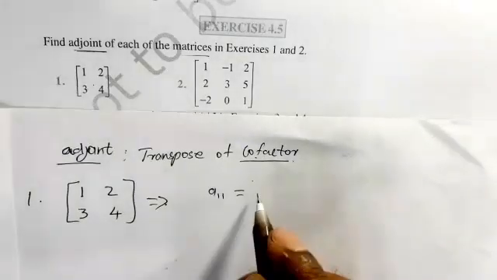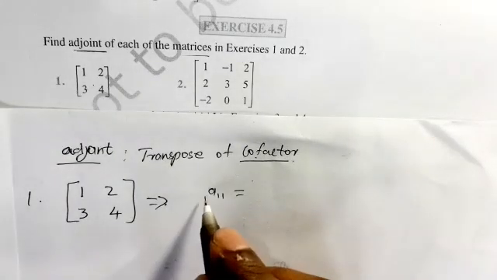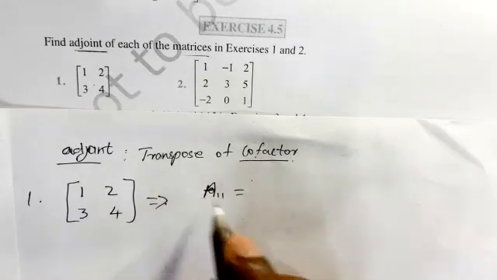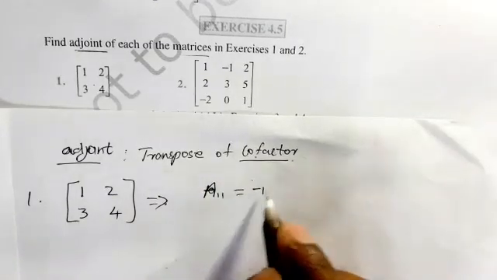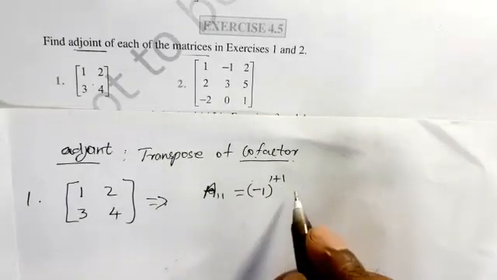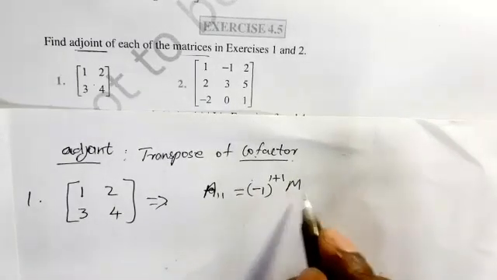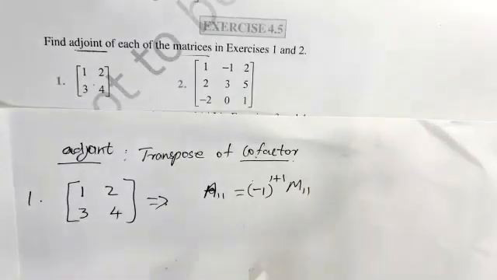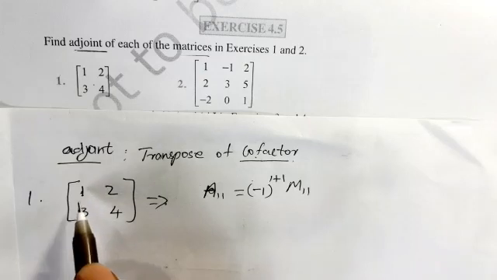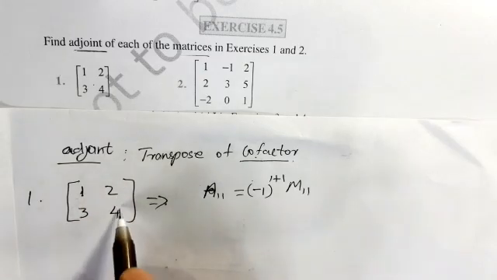So here the cofactor we can assign as capital letter A11. According to the position, it is minus 1 raised to 1 plus 1 into M11. M11 means the first element, including its column and row, can be deleted. Then there will be the element 4 alone.